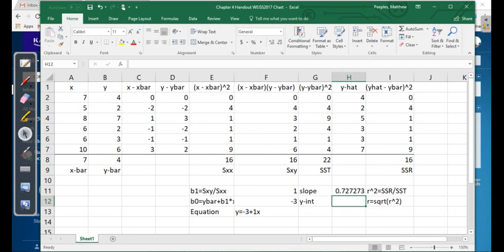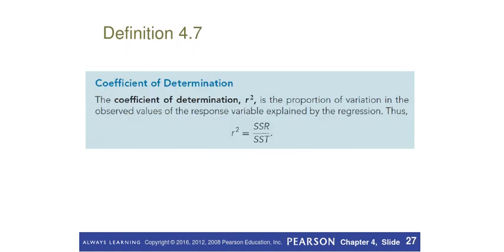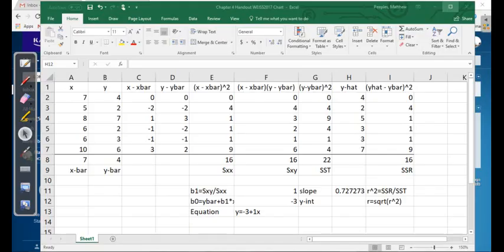Well, let's go back to our discussion right over here. We said that the coefficient of determination is the proportion of variation in the observed values of the response variable explained by regression. Thus, for our little table there, for our happy mood versus hours of sleep, there's a 72%.